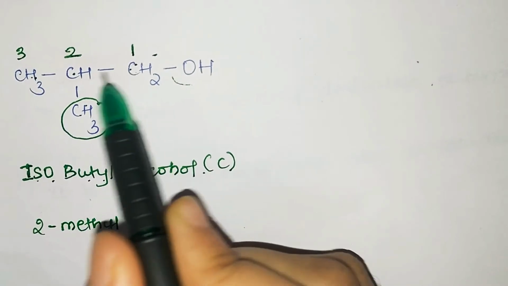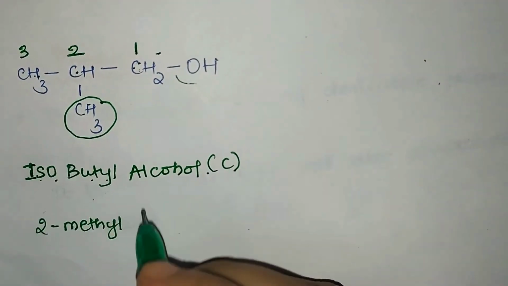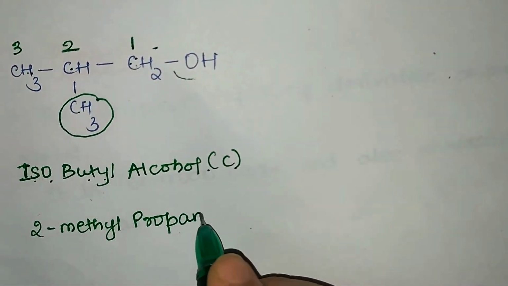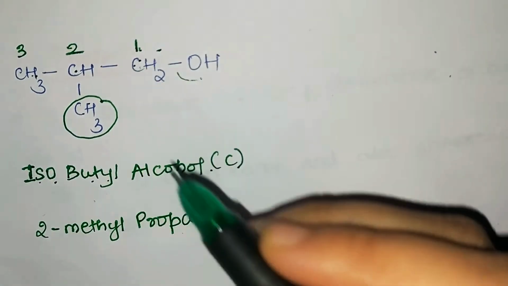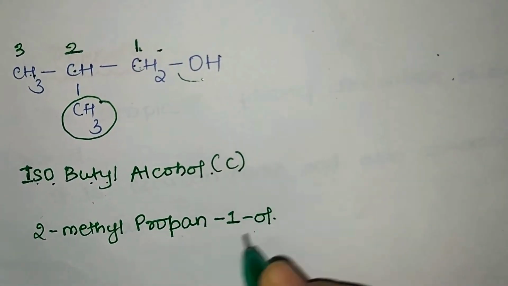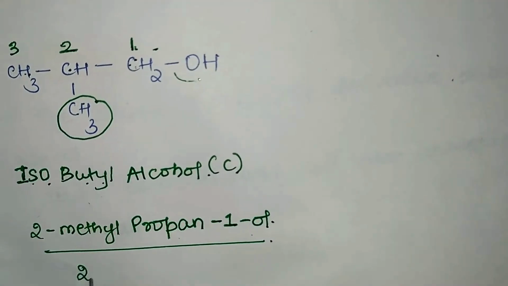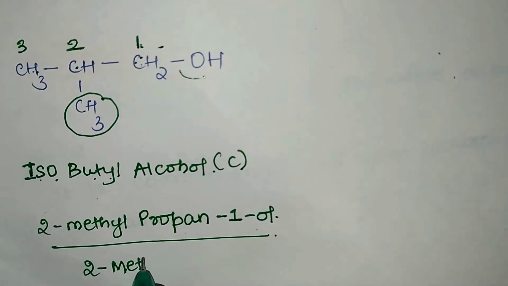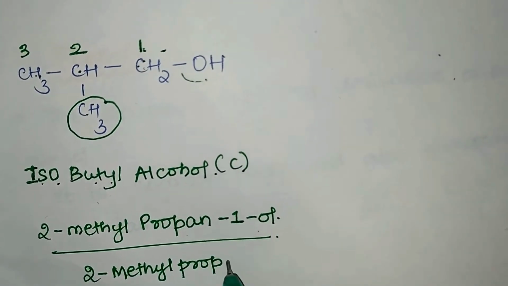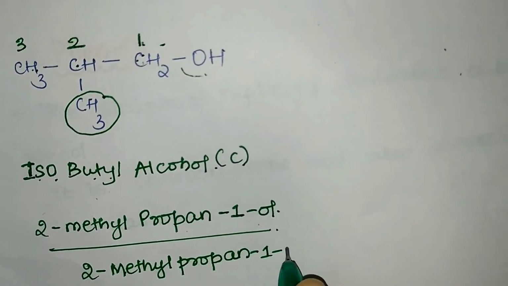Word root: 3 carbon atoms there are, so it is prop, and the carbon atoms are singly bonded, hence it will be ane. But since the OH group is present, E of an alkane is replaced by ol, that is 1-ol, indicating the position of the functional group. So what is the IUPAC name? 2-methyl propan 1-ol is the IUPAC name for the above compound.